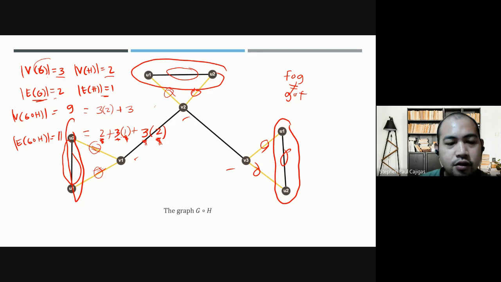This is dependent on the number of vertices of our H. So this is 2. Again, this is the original plus this one from G, the first graph, times the number of edges, plus the number of vertices of G times the number of vertices of H.